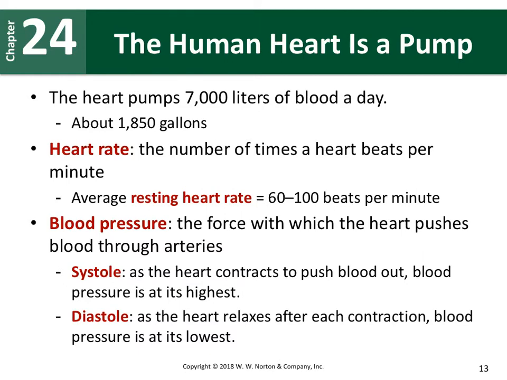That's why when you get blood pressure measured, you have a high number and a low number. Normally, average blood pressure is 120 over 80, but it varies a lot. And like I said, a lot of athletes in really good shape can have blood pressure as low as 100 over 60, and they're fine.